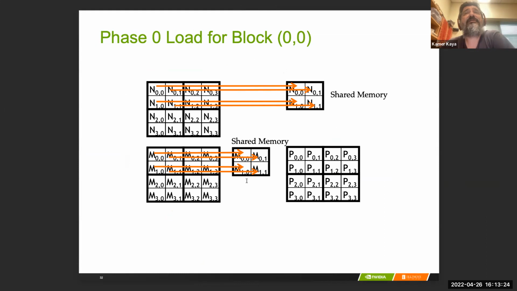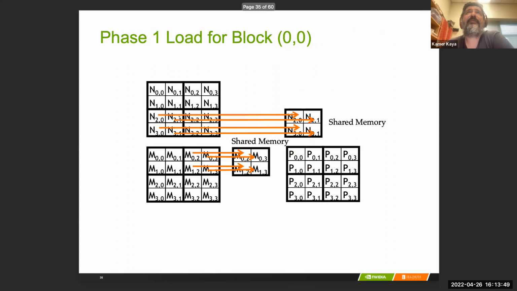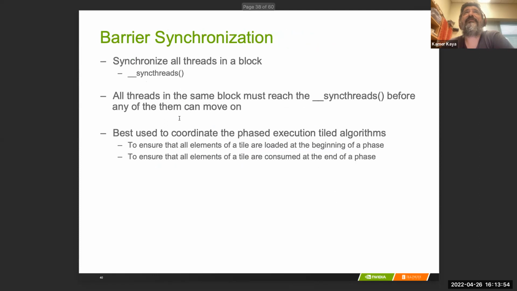And then it does the same for M. And then these dot products are partial dot products. So instead of computing, for instance, this guy, this row times this column, this guy here computes only this times this, okay? And in the next phase, it will do the same with different tiles, and then it will find the final result.